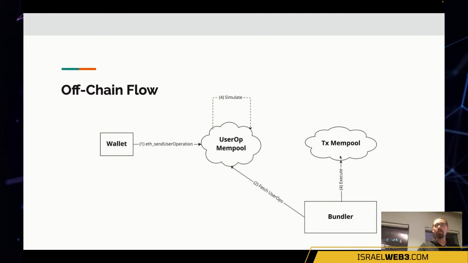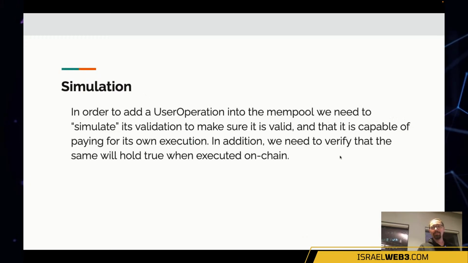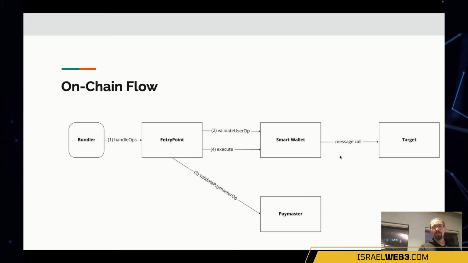That happens in the contracts. I can show you the on-chain flow, and maybe it will explain this. So that's the on-chain flow. The bundler sends the handleOps method to the entry point contract, and if there's a paymaster, the entry point will validate for each paymaster whether it can pay for the transaction or not.